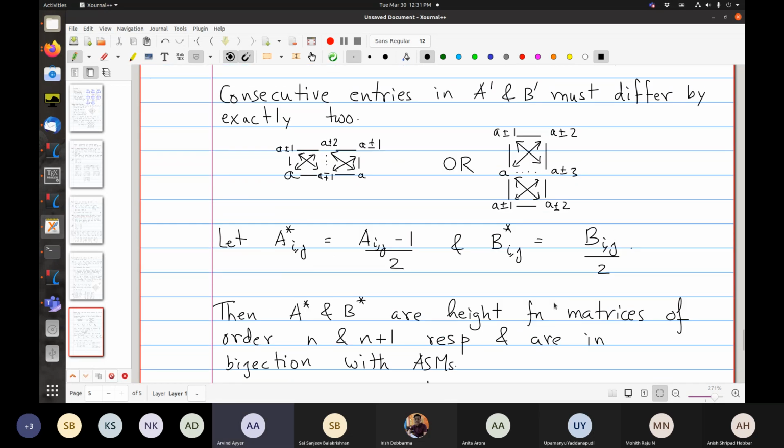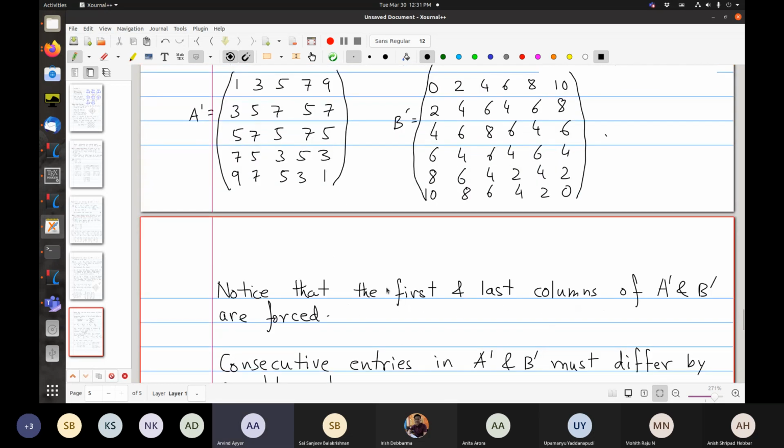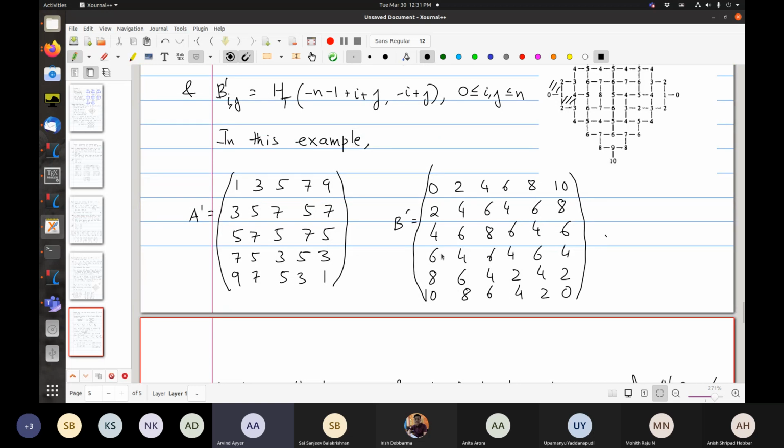I mean, roughly, what you need to do is to compare the sum of these two entries with the sum of these two entries. So they will either be equal. Well, not here, but if you had reduced them, so that you subtract 1 from everything and divide by 2, then you will get 0, 1, 2, 3, 4, and so on on the boundaries, and here you will get whatever you get.